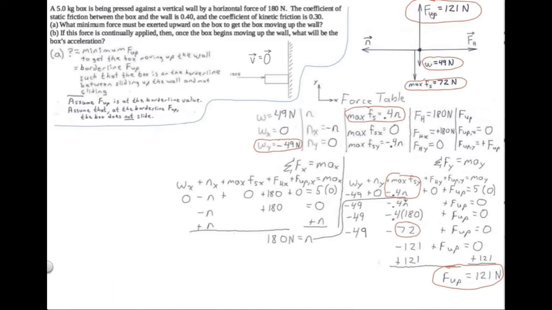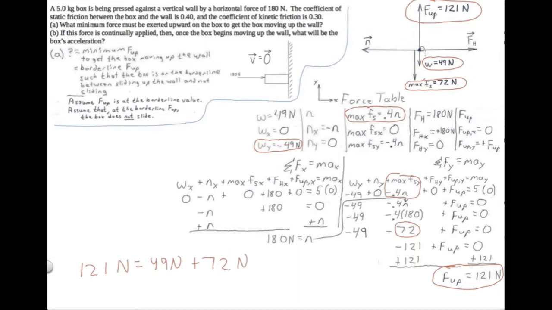Now, this upward force is trying to begin the box moving upwards. But remember that for part A, we're assuming that the box will not slide. So to preserve that assumption and make sure that the box does not slide despite this upward force, we need the cooperation between the weight force and the maximum static friction to cancel the upward force. Well, 49 newtons plus 72 newtons equals 121 newtons.